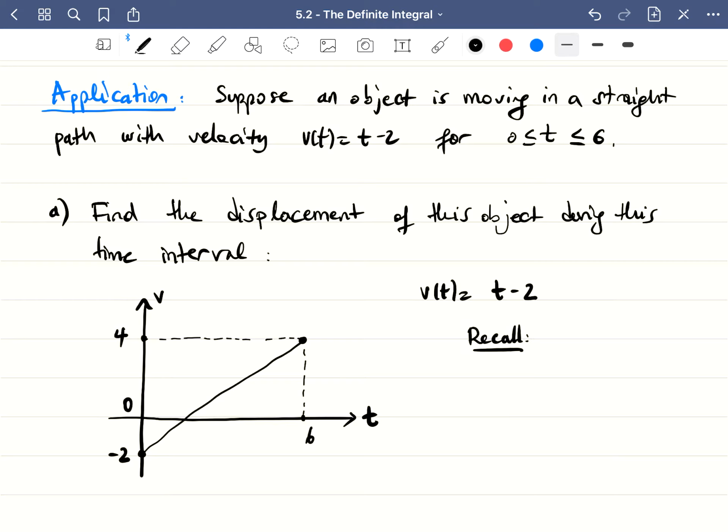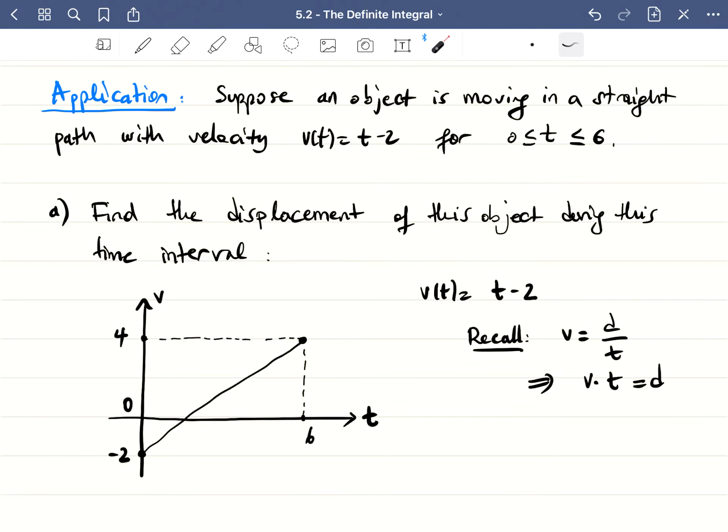This is just a quick argument. Velocity is equal to distance over time, right? So velocity times time should be distance. So if you want to find distance, you have to multiply v by t.